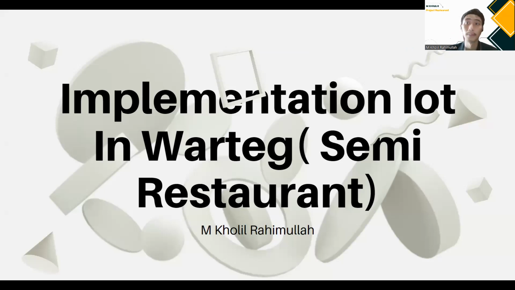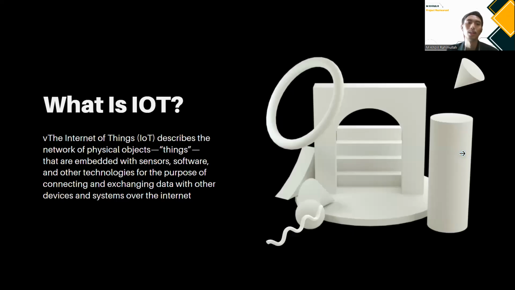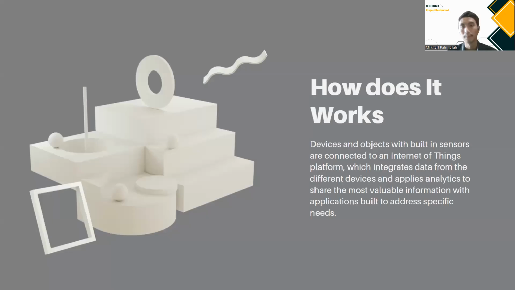The title is Implementations of IoT in Warteg or Semi-Restaurant. What is IoT? IoT is the Internet of Things, which describes the network of physical objects that are embedded with sensors, software, and other technology for the purpose of connecting and exchanging data with other devices and systems over the Internet.